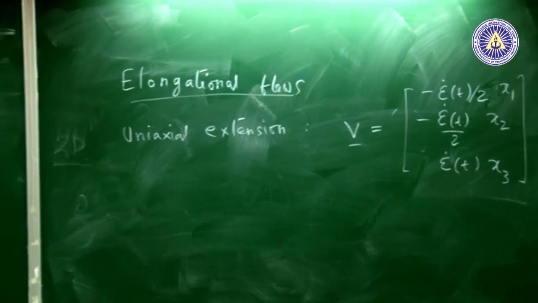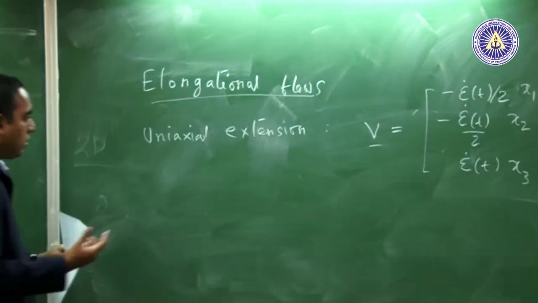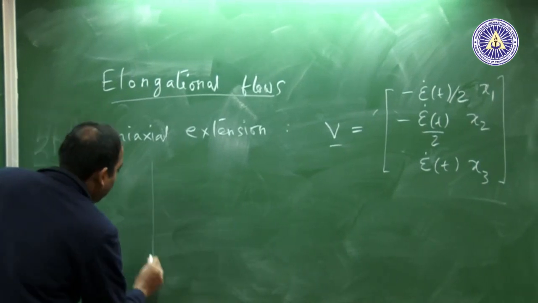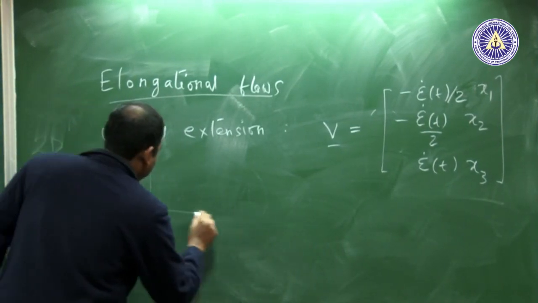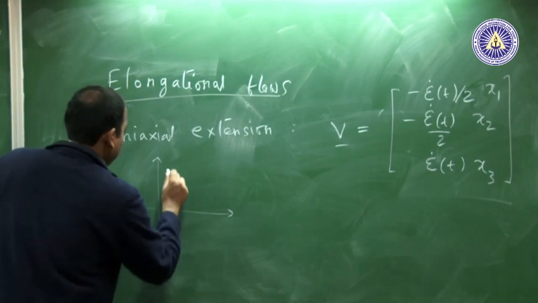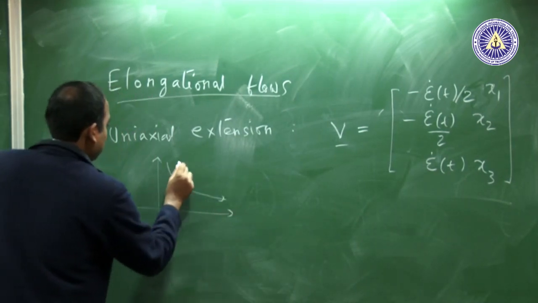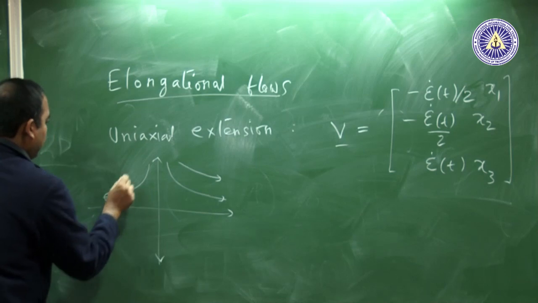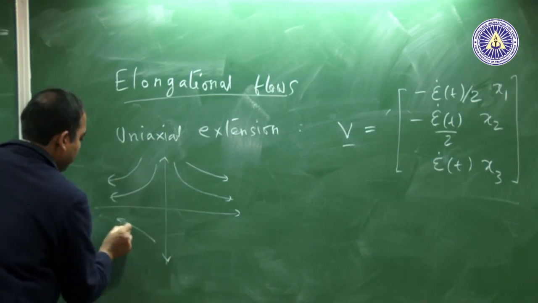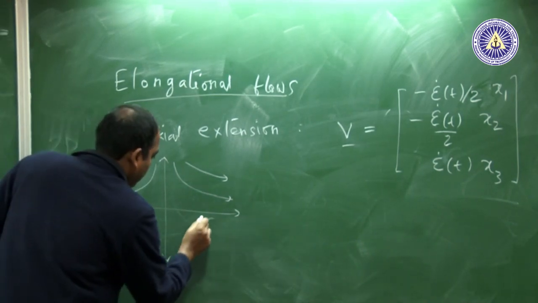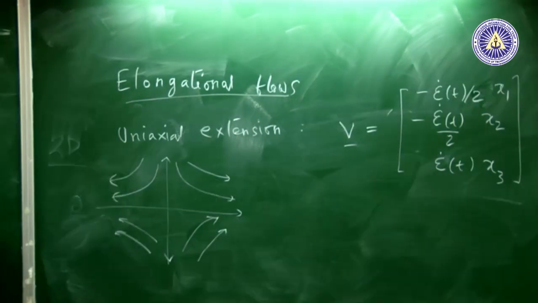This uniaxial extensional flow is a peculiar flow in which if you draw the streamlines in the x1 and x3 directions, the streamline would go like this, and you can figure out from the flow profile itself that the flow is devoid of any rotational motion.